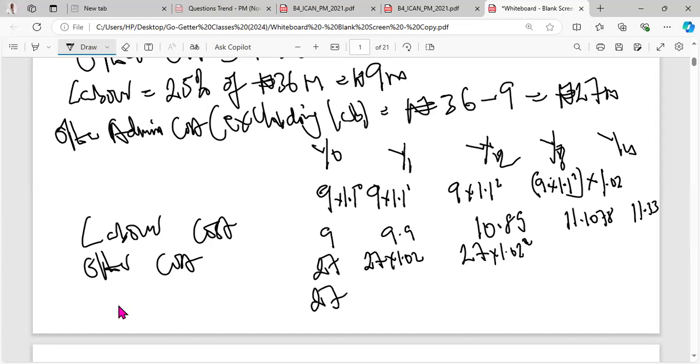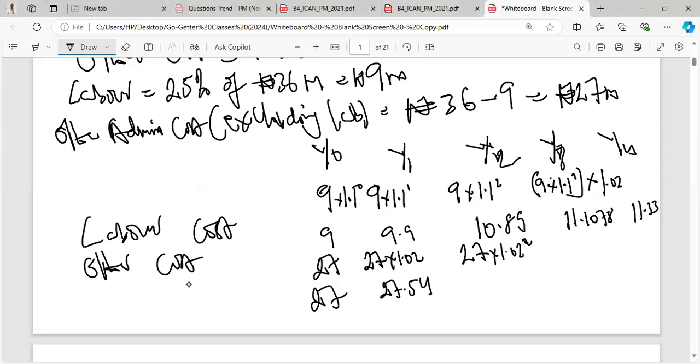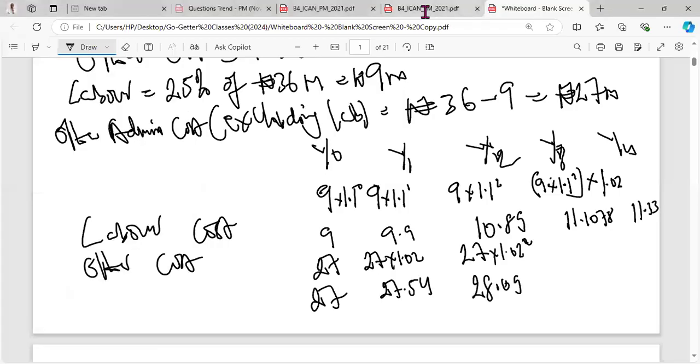Here will be 27 times 1.02. That will give you 27.54. If you multiply by 1.02 again, you have 28.09. That's what this is saying.